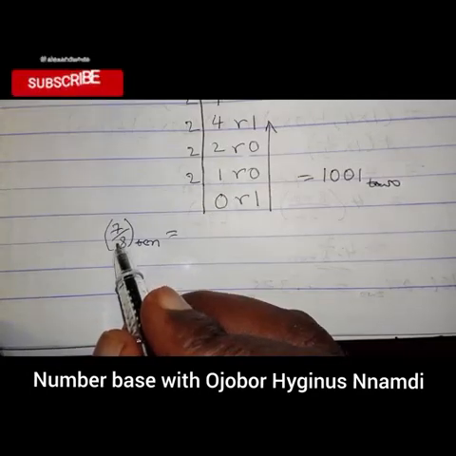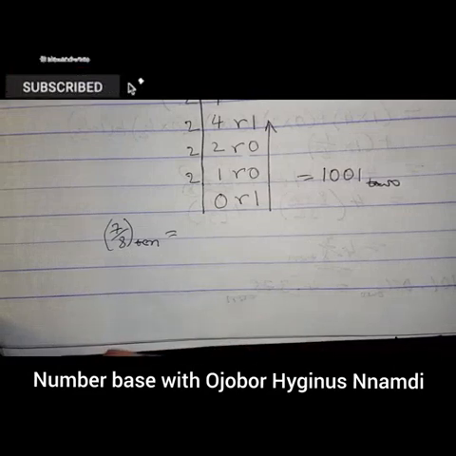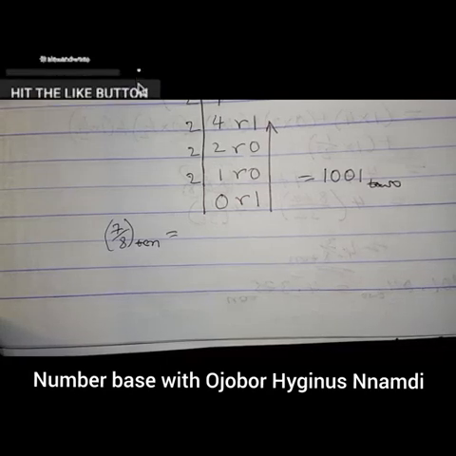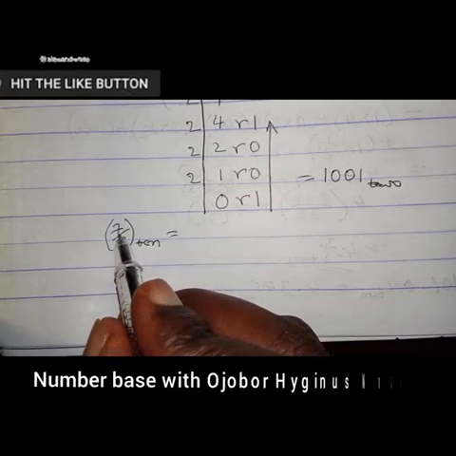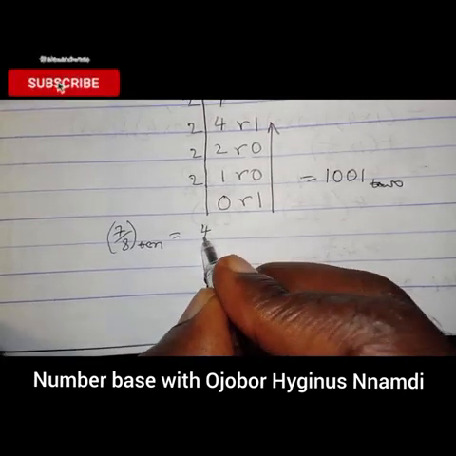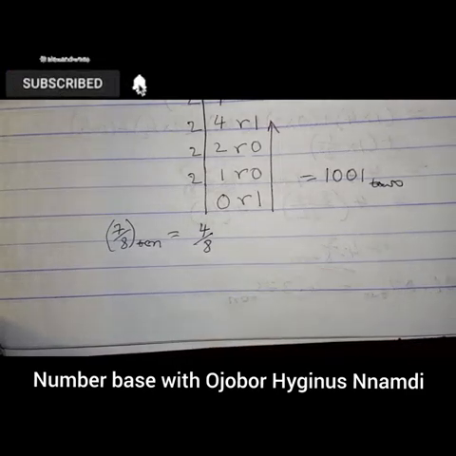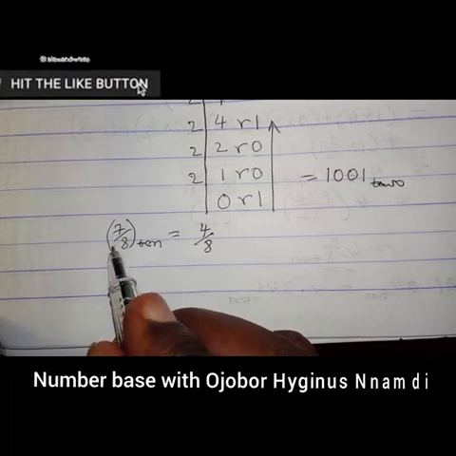Amongst the numbers I have mentioned, 2, 4, 8, because 2 times 2 is 4, times 2 is 8, times 2 is 16. Amongst these numbers, the one that is less than 7 and closest to 7 is 4. So I am going to have 4/8. Then, if you remove 4 from 7, we have 3 remaining.